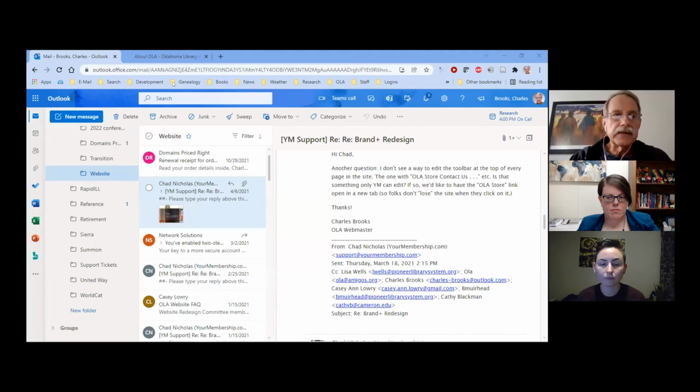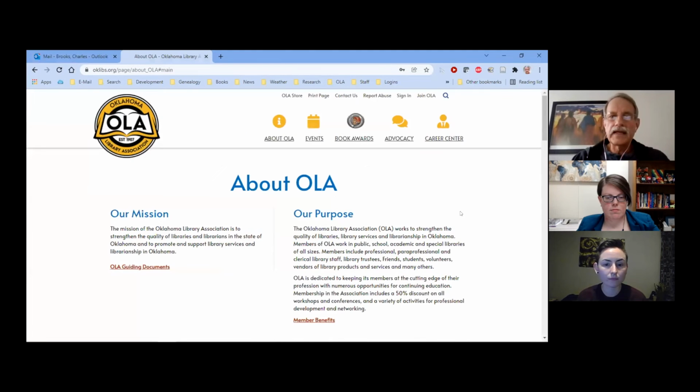Let me give you a quick example of that, and go to the OLA website. One of the suggestions that we had was to add what's called a skip navigation link to each page on the website.